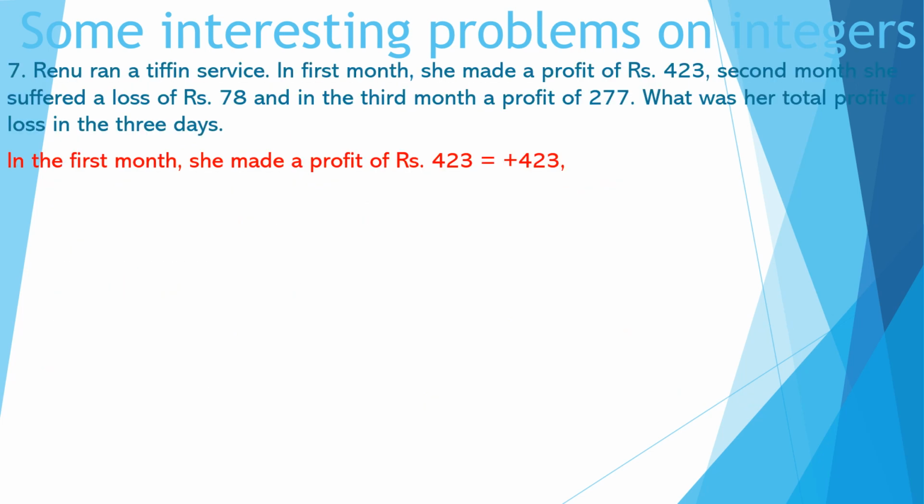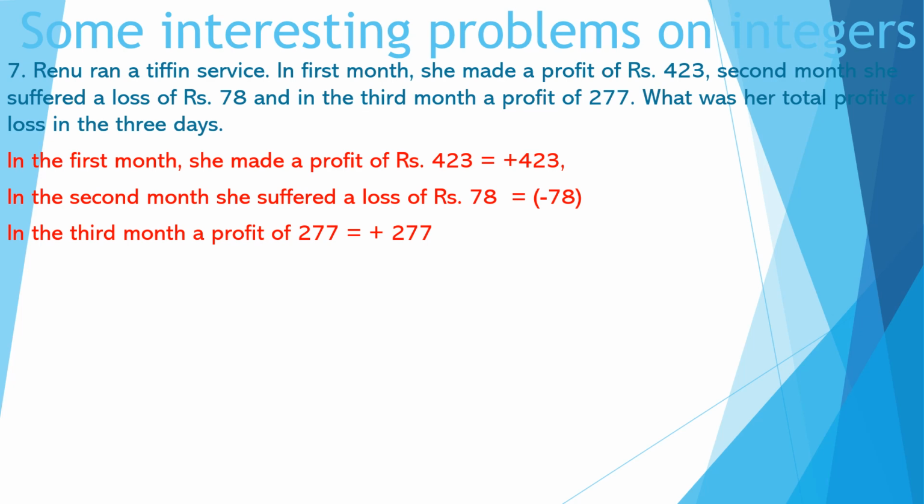Now Renu runs a tiffin service. In the first month she made a profit of rupees 423. So we represent this profit as a positive integer, plus 423. In the second month she suffered a loss of rupees 78. We represent this loss of rupees 78 as a negative integer, minus 78.